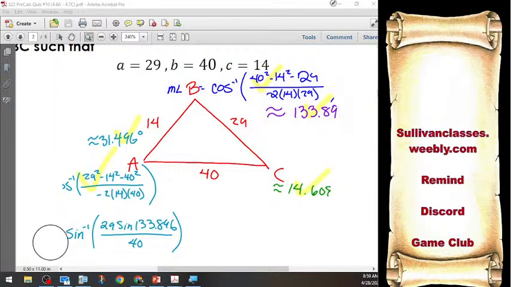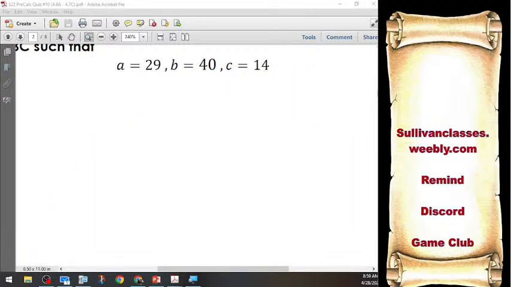Below that, find the area of this triangle in two different ways. So Heron's formula, I've already got that. S is 1/2 of 29 plus 40 plus 14. 54, 74, 83. 83 halves?